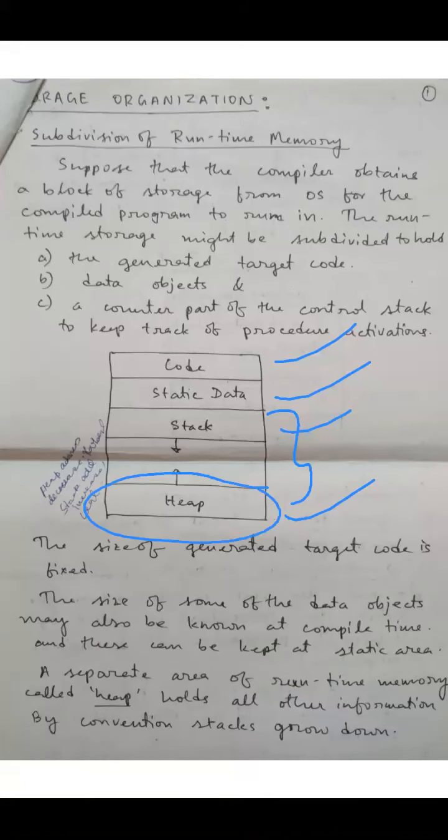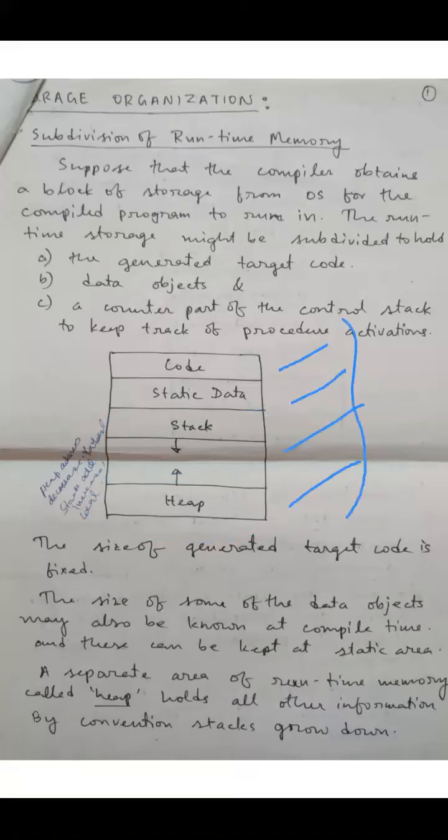And the stack section is used to store variables or data that have been defined or declared up to compile time. So code, static data section, stack, and heap: these four are the basic sections required to execute any program. So for execution, these are the basic sections held by the runtime environment.